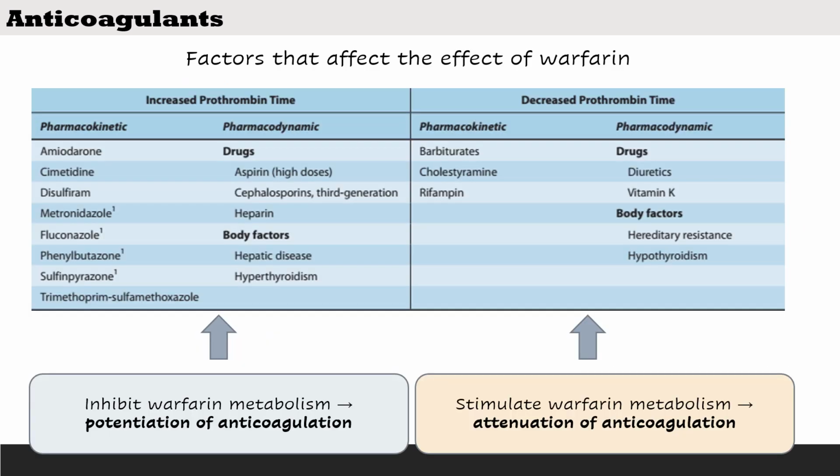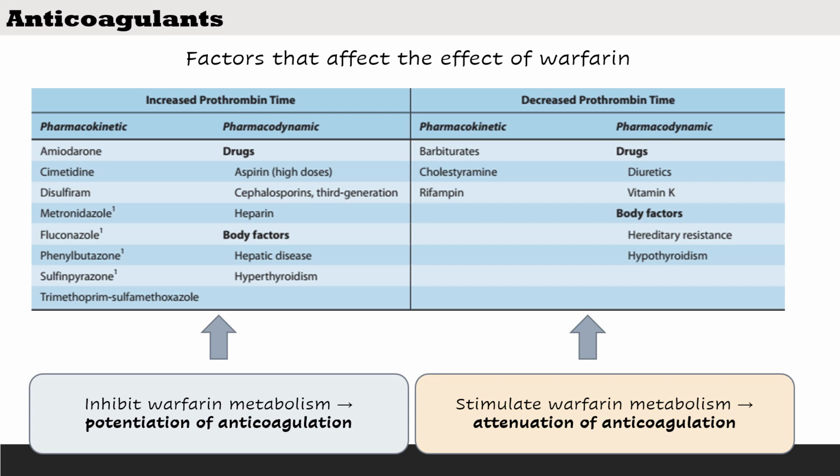The important thing about warfarin is that it has a lot of drug-drug interactions. There are factors that can inhibit warfarin metabolism, so they potentiate the anticoagulation action, or factors that can stimulate warfarin metabolism and attenuate the anticoagulation action.